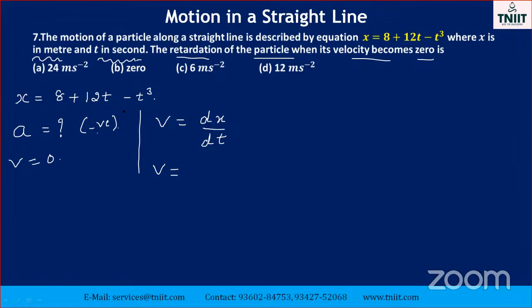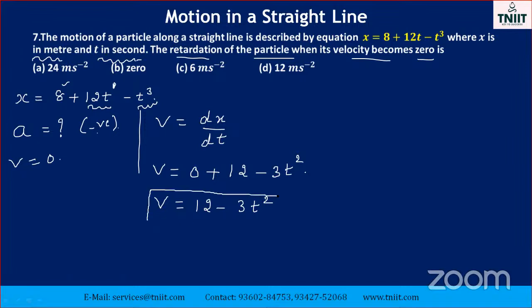So v is equal to, what is the differentiation of 8? 0 plus, what is the differentiation of 12t? 12, because t power 1 differentiates to 1. And the differentiation of t cube is 3t square. So velocity is equal to 12 minus 3t squared.